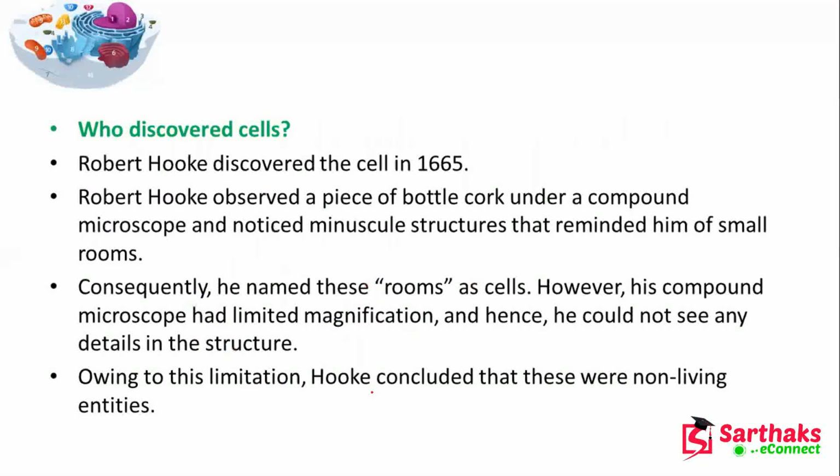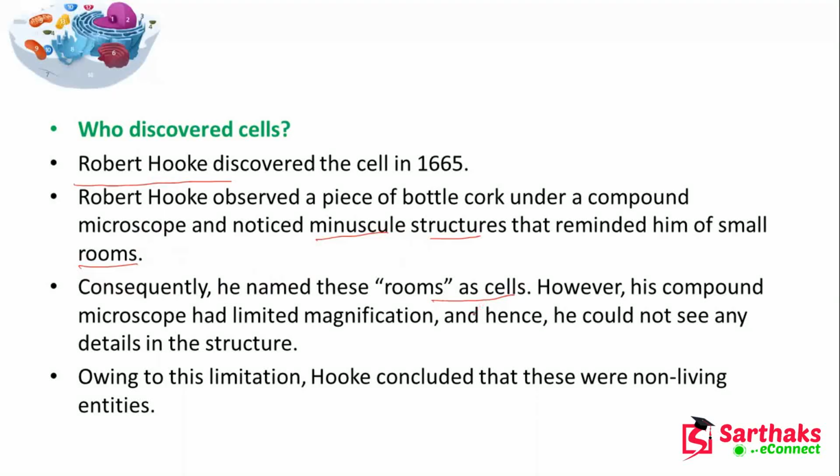Now, who discovered cells? Already I have told you, Robert Hooke discovered the cell in 1665. Robert Hooke observed a piece of bottle cork under a compound microscope and noticed minuscule structures that reminded him of small rooms, and consequently he named these rooms cells.